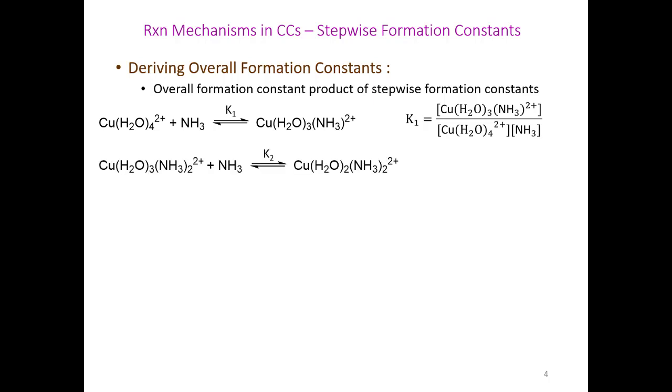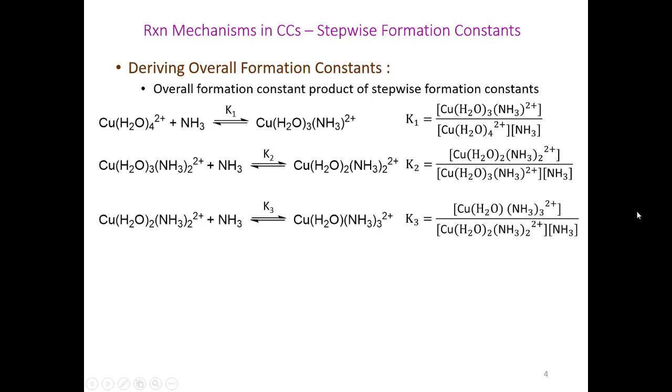Then your second step, K2, the stepwise formation constant for the second ligand substitution, is equal to the concentration of the product, diamine diaqua copper 2, over the concentration of your reactants. In this case, your reactant here, the amine triaqua copper 2, is actually the product of the first ligand substitution. And you can see ammonia is also one of the reactants. And so on and so forth.